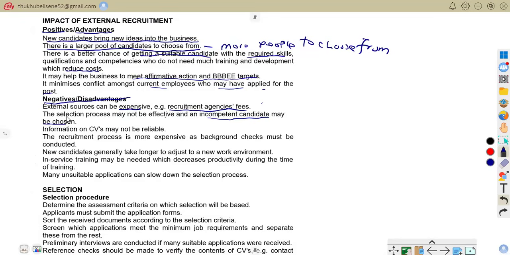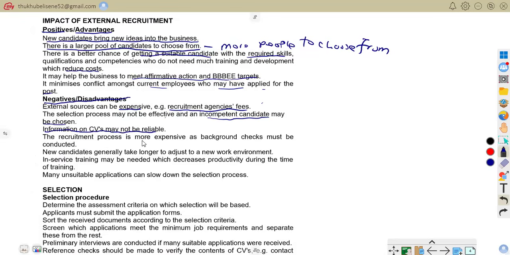So you may find yourself with someone who is not going to deliver at the workplace, an incompetent candidate, because information on CVs may not be reliable. Unreliable CV information may contain false details. People lie on CVs. So that is another disadvantage of recruiting externally.